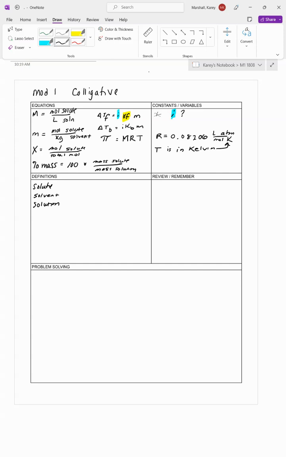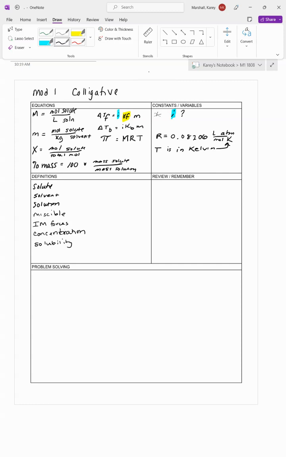Okay. What else do we have? We have other definitions. So you will need to know what the word miscible means. You will need to understand what intermolecular forces are, be able to put them in order from weakest to strongest or strongest to weakest. You'll have to pay attention to what your question says. Also have examples of each of those intermolecular forces. Be able to define concentration. Also solubility.